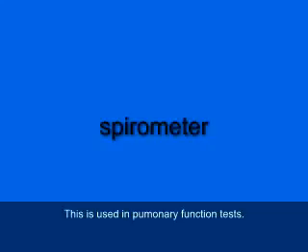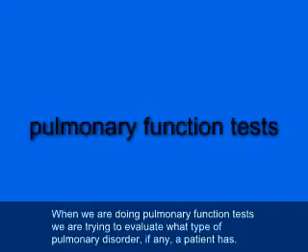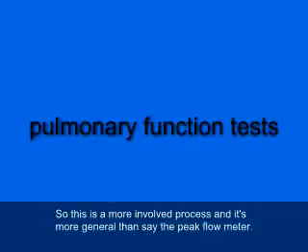The next term is spirometer, and this is used in pulmonary function tests. Now, when we're doing pulmonary function tests, we're trying to evaluate what type of pulmonary disorder, if any, that a patient has. So this is a more involved process, and it's more general than, say, the peak flow meter.